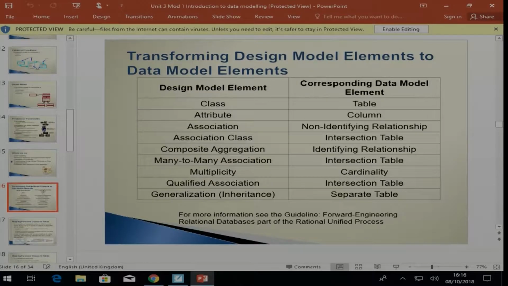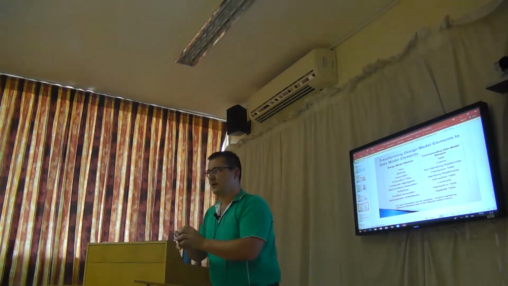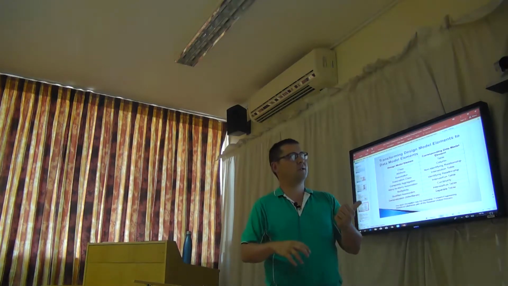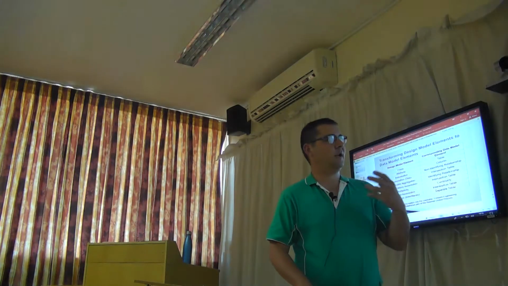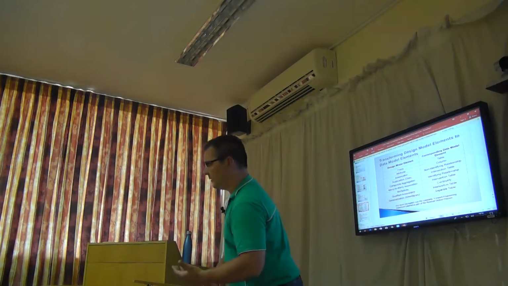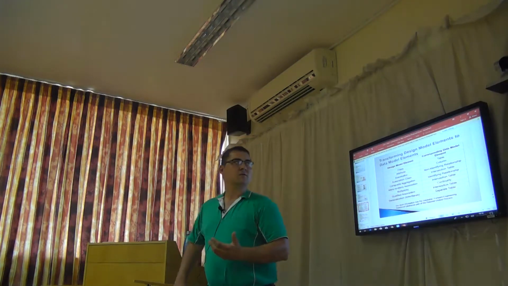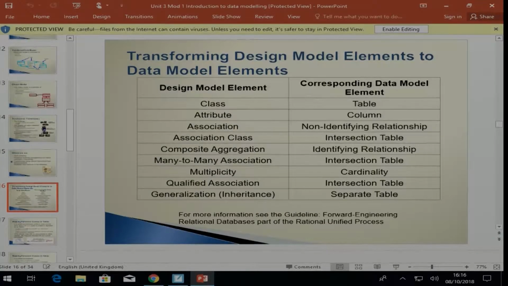Okay, now we will quickly look also at the transformation, as we mentioned, to transform the class diagram to a logical data model. Now, in my design one, I might have a class. That class is going to become a table in my database. So if I have an attribute, what is the purpose of an attribute?